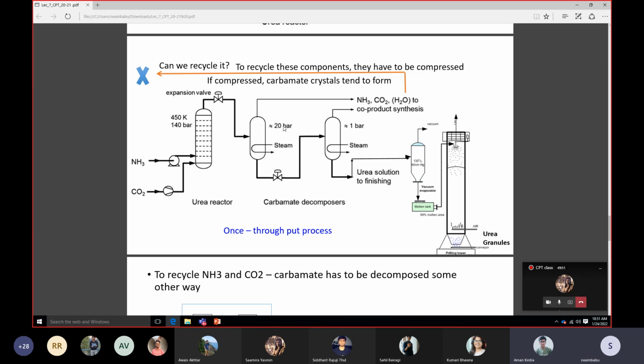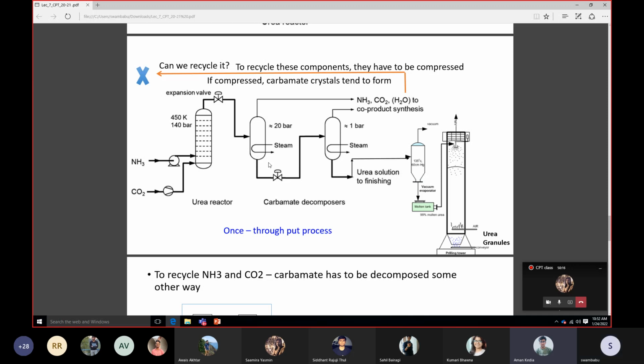Then it is introduced into the empty chamber. Once you introduce it into the empty chamber, the ammonia and CO2, which are in gaseous form, will come out.